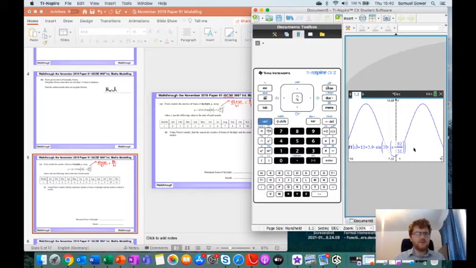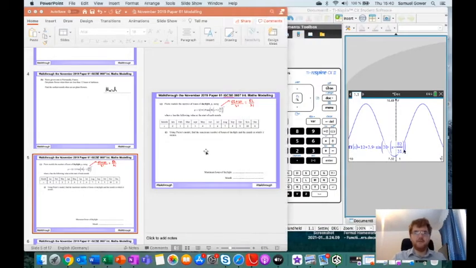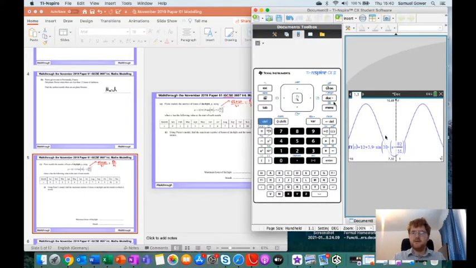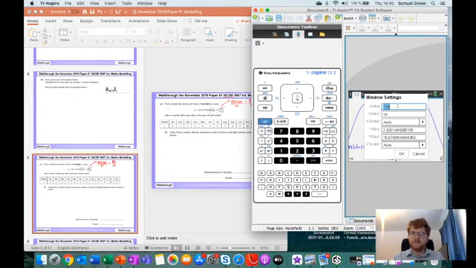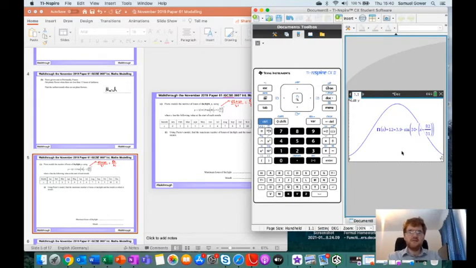However, we want to go between 0 and 11, like I mentioned here. So we're going to do a little bit of tweaking. We go to Menu, Window, Window Settings, and we go between 0 and 11. Press OK. And now we get a graph that we can work with.